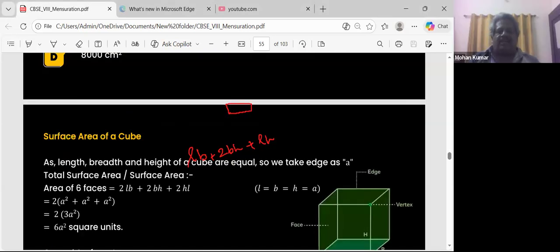Okay, next we have the surface area of a cube. Let's go through that.